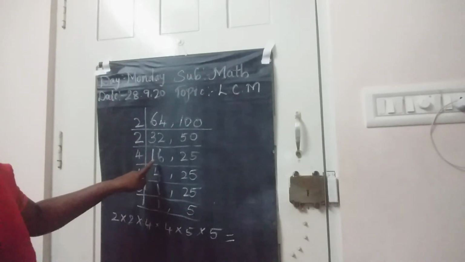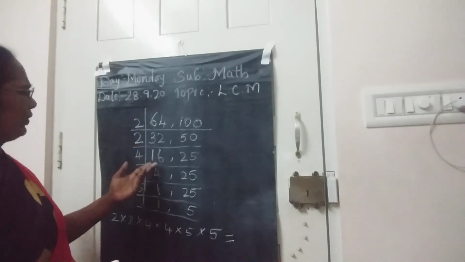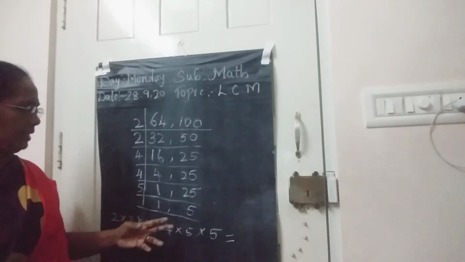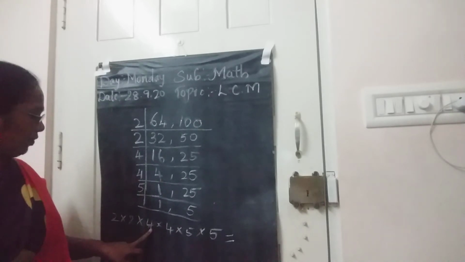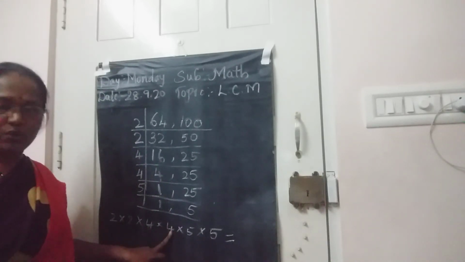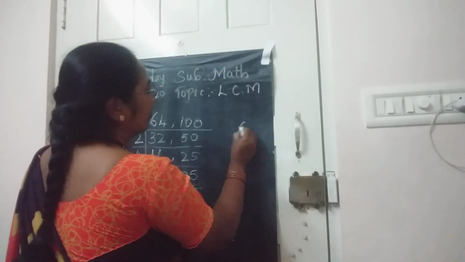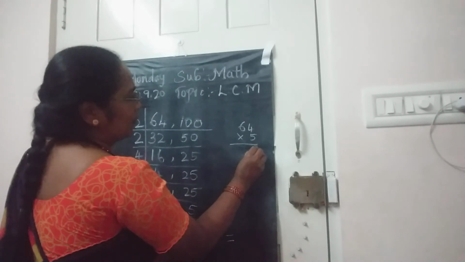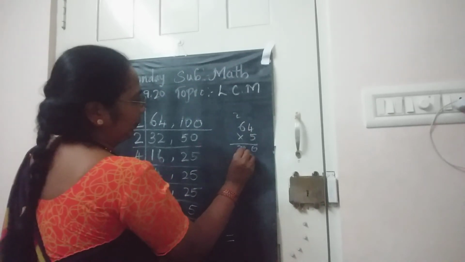Yes, if you want you can stop here only, and you will get the same thing. 2 2s 4, 4 4s 16, 16 4s is 64 and what is 64 5s? 5 4s 20, and 6 5s 30, 32.